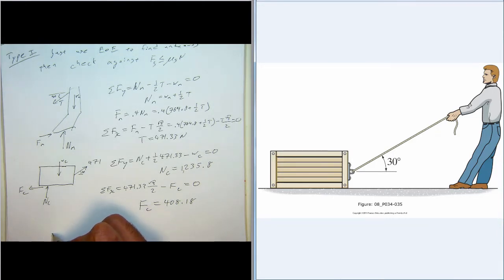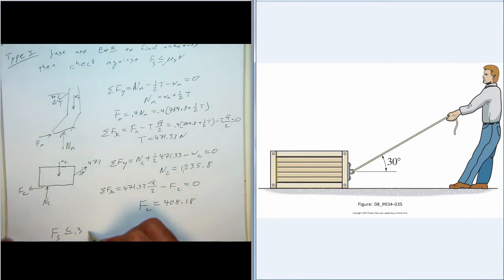And our friction force says that Fs is less than or equal to mu times N, where 0.3 is the coefficient of friction here. So 0.3 times Nc is 1235.8, and that's equal to 370.